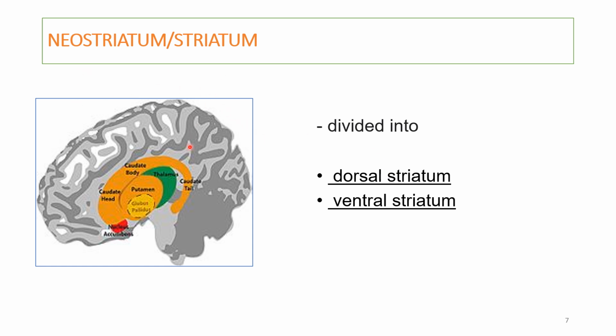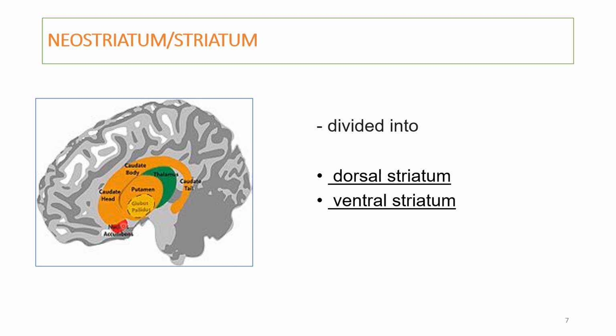Coming to neostriatum or striatum. So here we are discussing the phylogenetical and functional classification. Neostriatum is also called striatum. What does it include? It includes dorsal striatum and ventral striatum. The dorsal striatum includes caudate nucleus and putamen. This is caudate nucleus, head, body and tail.